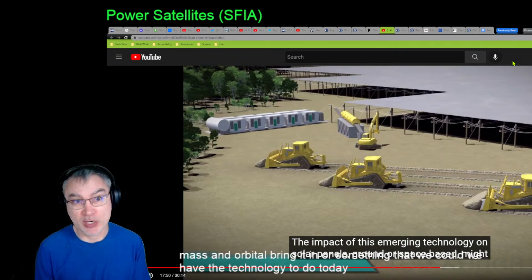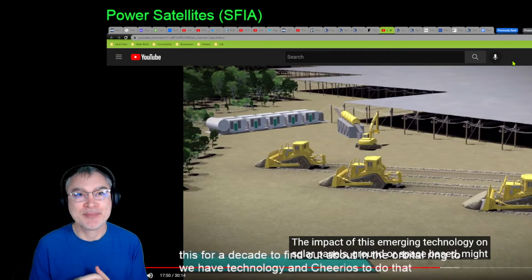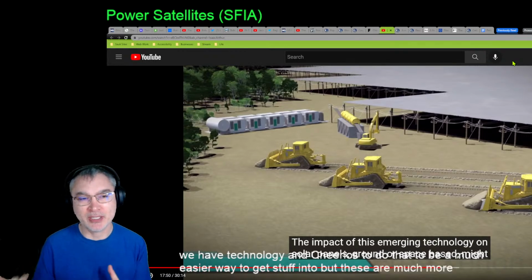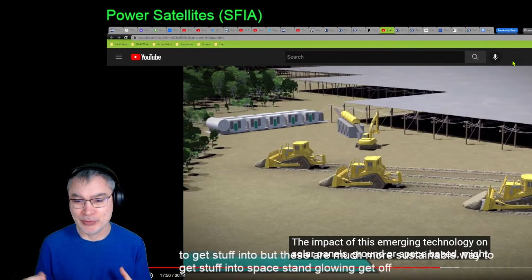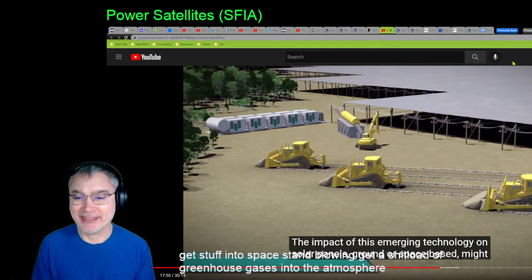We could have been doing this for a decade. You know, the tethered loop, which I just found out about, and the orbital ring too. We have the technology, the materials to do that too. It'd be a much more sustainable way to get stuff into space than blowing shitloads of greenhouse gases into the atmosphere using rockets and stuff like that.